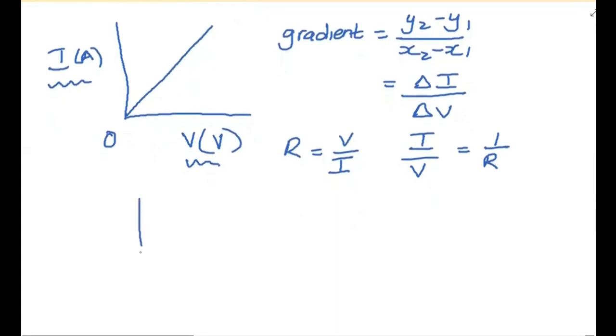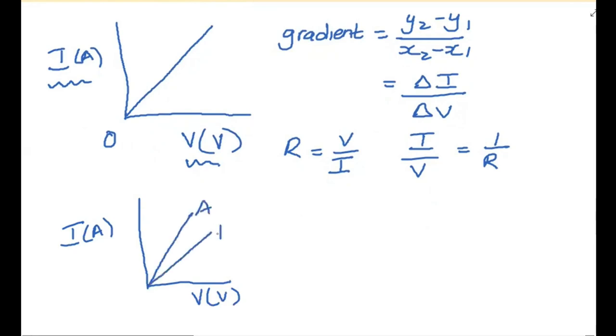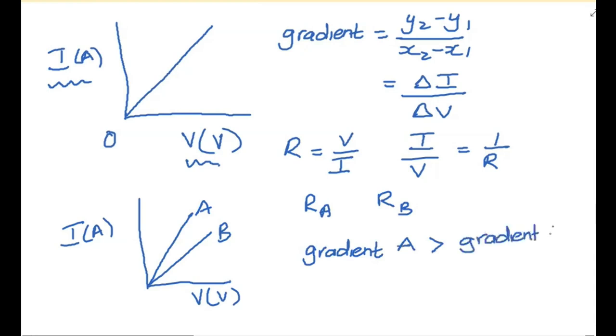Which means if I again go and show this example I gave you just now of I versus V, and I have resistor A and resistor B, and I ask you again, what is the relationship between A and B? If I look at the gradient of A, it is greater than the gradient of B, but what is the gradient?